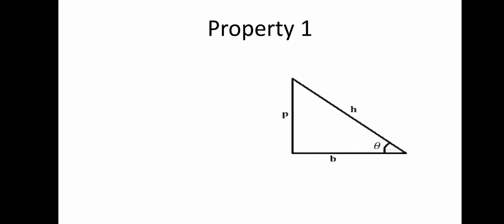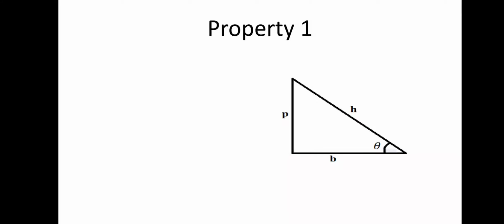Now let us understand this. Let us take a triangle. We already know that if I have an angle designated, then the bounding side on which the angle lies is the base, the opposite side to the angle is the perpendicular, and the largest side is the hypotenuse.